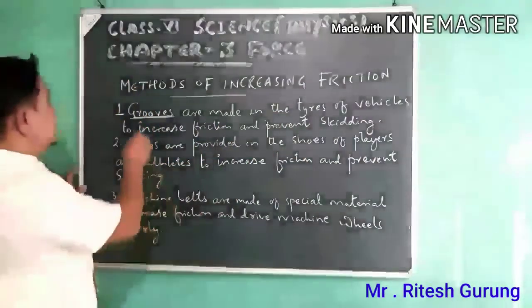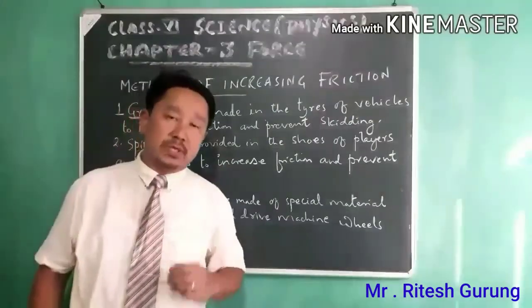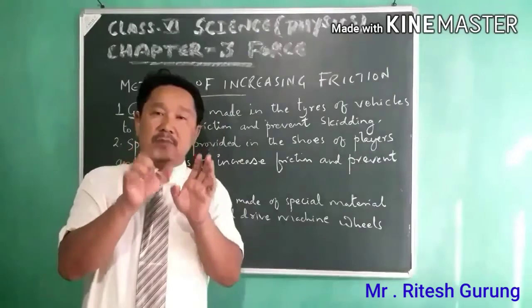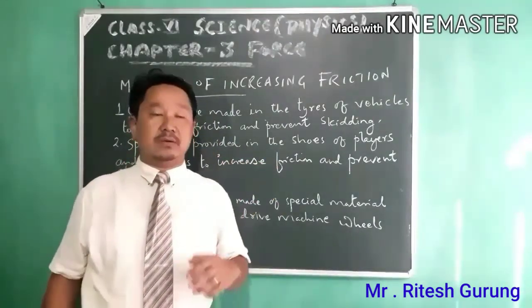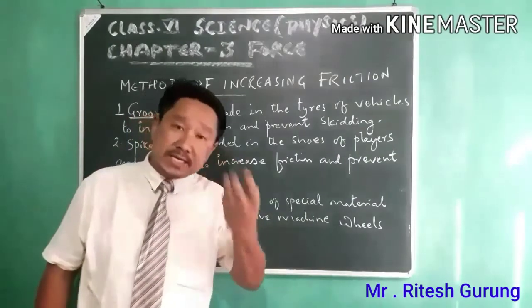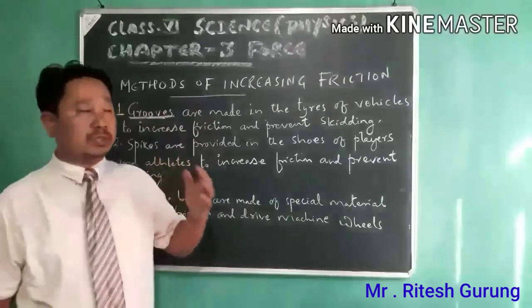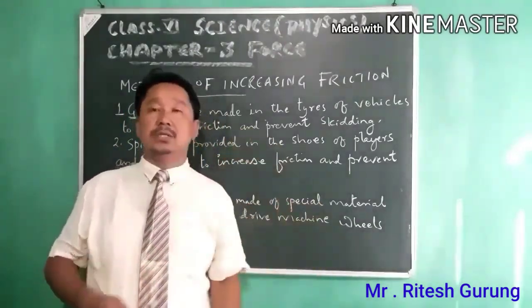Grooves means you can see the roughness, the designed roughness being made on the tires of a vehicle. This is to increase the friction between the tires of the vehicles and the road.